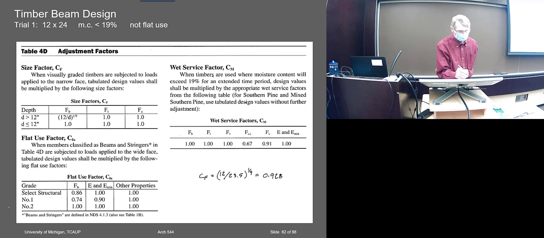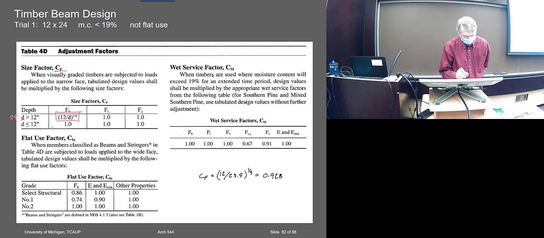We have to calculate CF, and CF is based on the depth D, and our D, what did we just say, was 24? So 24 is greater than 12, right? It's greater than 12, so that would be my, wow, to the 1/9 root.